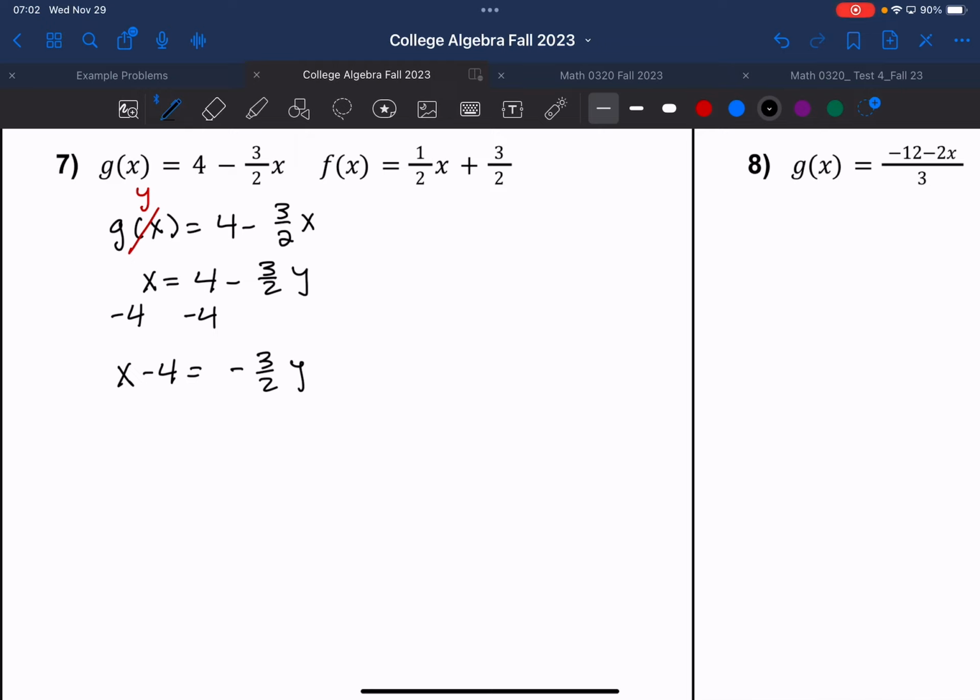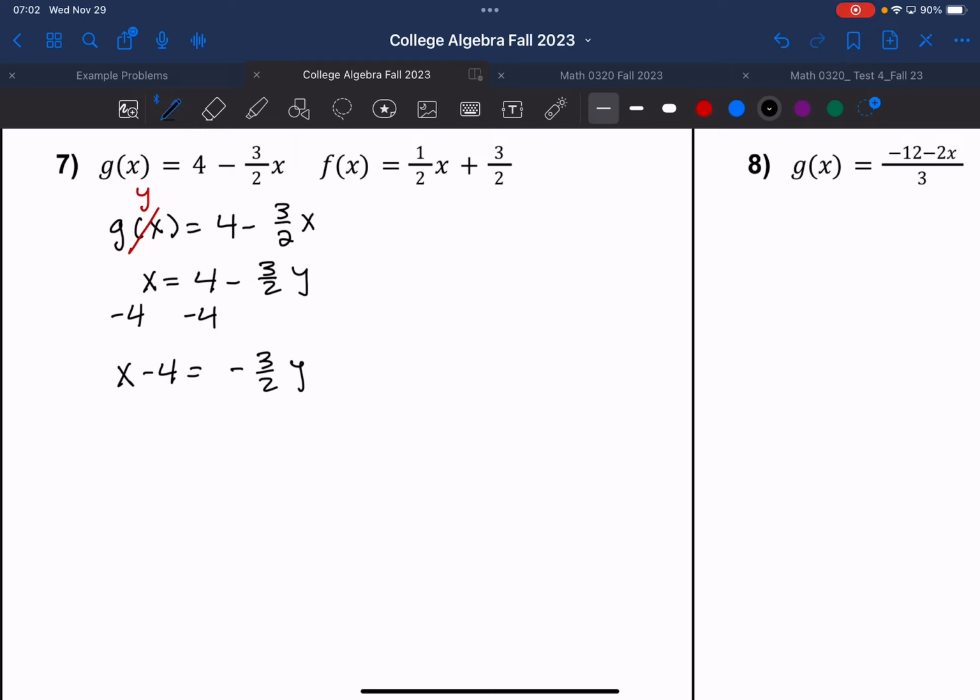Okay. Now, how can we get rid of that negative 3 halves? Divide by negative 3 halves. So not divide. Good. Multiply. Remember, in order to get rid of a fraction, we're going to multiply by its reciprocal.